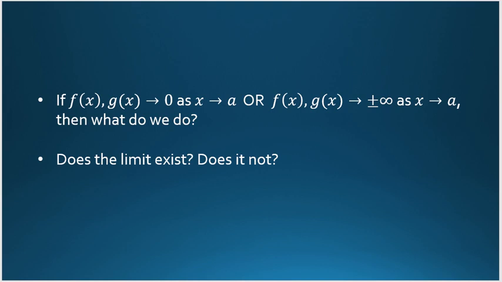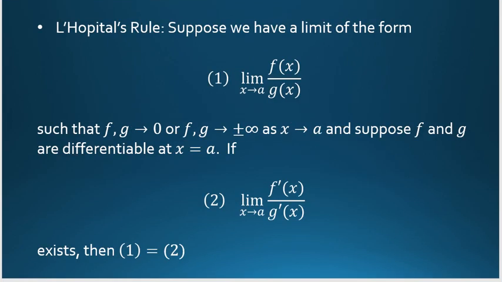If you've seen or heard anything about calculus and limits, then perhaps you've heard of this rule before, but you may not know exactly what it is. And we are talking about, of course, L'Hopital's rule, aka the hospital rule. L'Hopital's rule says, suppose we have a limit of that form that we saw just now, the limit as x goes to a of f of x over g of x, and I call this thing 1.